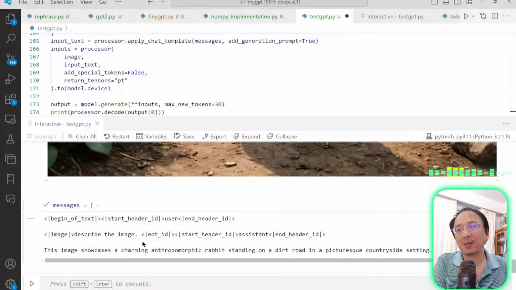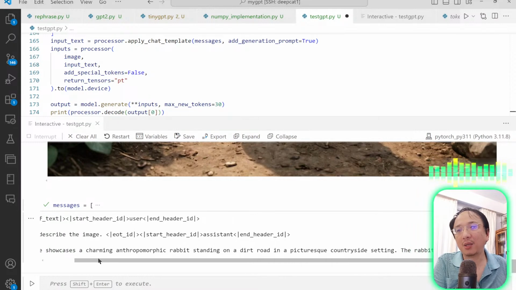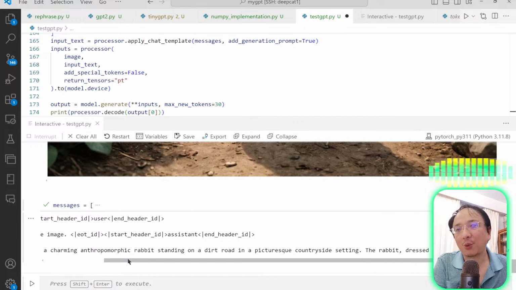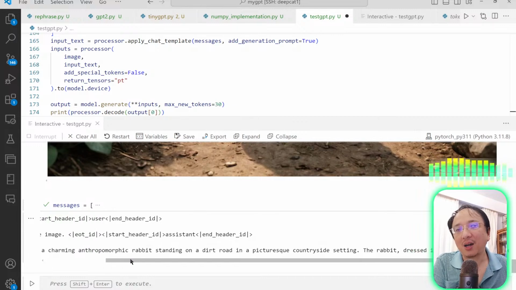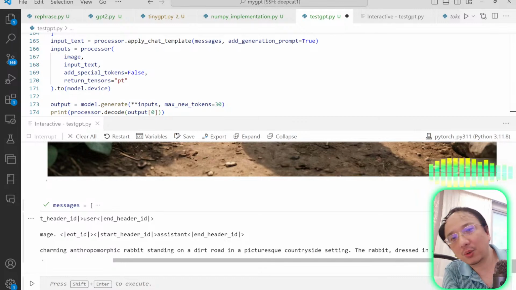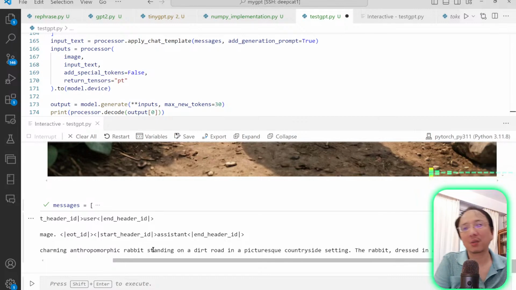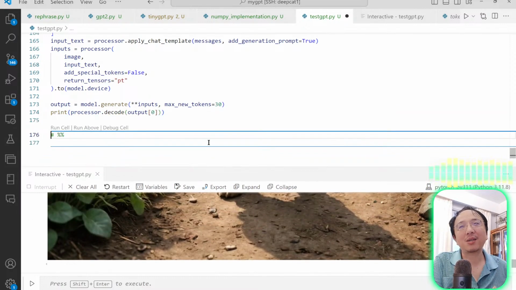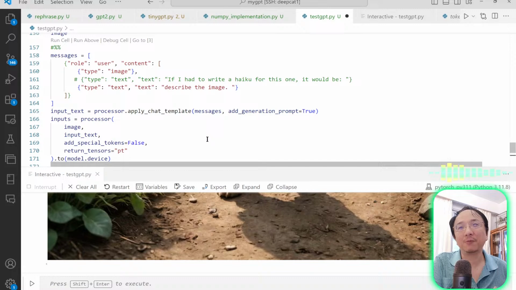So you can see that it showcases a charming anthropomorphic rabbit standing on a dirt road in a picturesque countryside setting. The rabbit dressed in a blue coat or brown. I believe that you can ask it to describe it in more detail.